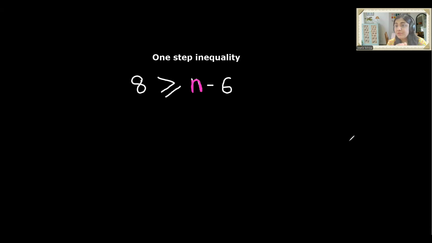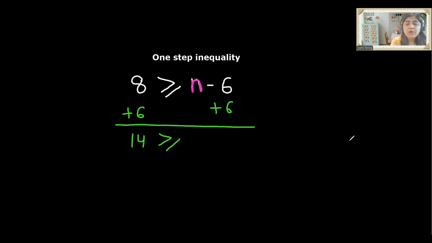If I want to get rid of this minus 6, I will just add 6 here. Minus 6 plus 6 will become 0. But whatever I am adding on the right side, the same thing I have to add on the left side. So 8 plus 6 will be 14 is greater than or equal to minus 6 plus 6, which becomes 0, and here we are just left with n.